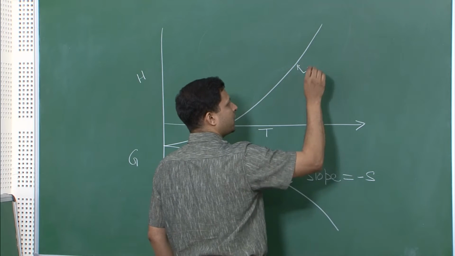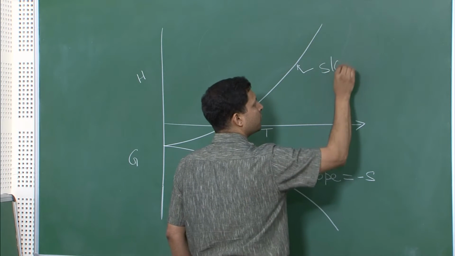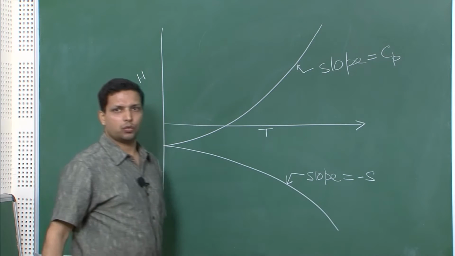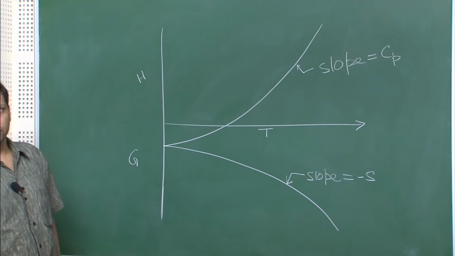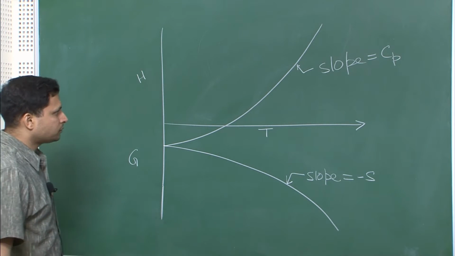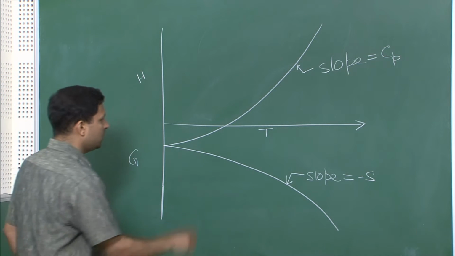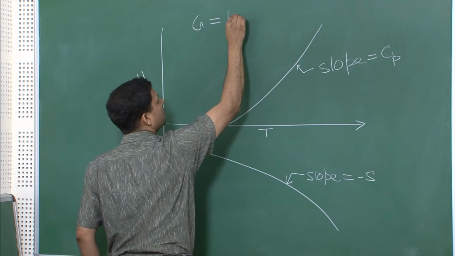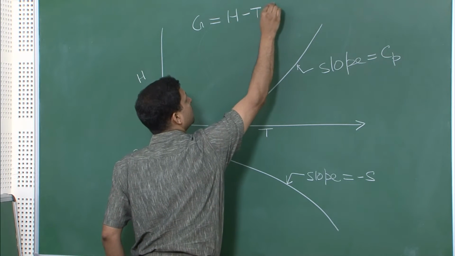Although I did not describe it, you can also say that the slope here is equal to Cp, which is the heat capacity. Now over here let me write that equation, G equal to H minus TS.